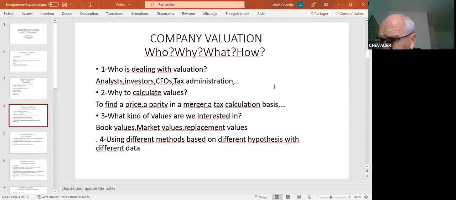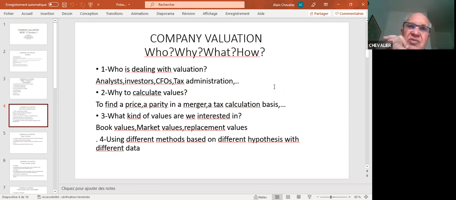So if your building, your headquarters, and your main plant are destroyed, what you need is to be insured against this situation. It means to get from your insurance company an amount of cash which is equal to the amount necessary to replace the destroyed building and factory. So replacement values are quite important also.